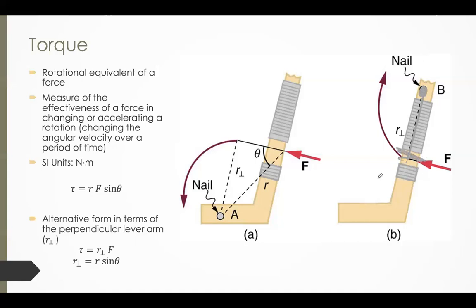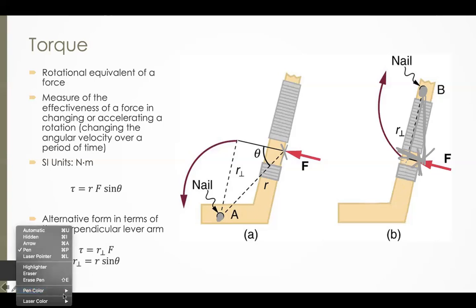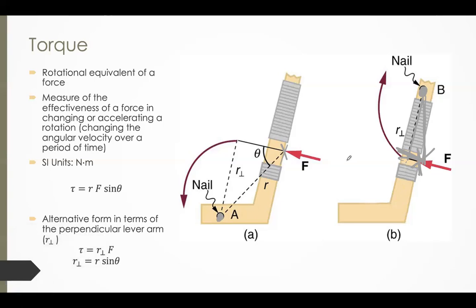So from our pivot point to our force where it's hitting the hockey stick, in the middle there, is what R is.